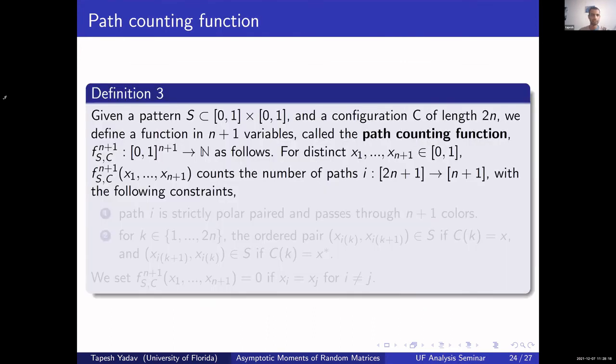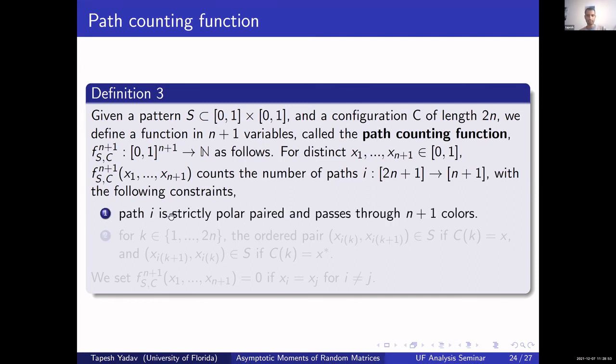Okay, so the path counting function, that's what we had in the definition in the main theorem. Given a pattern S inside the unit square and a configuration C of length 2n, we define a function in n+1 variables called the path counting function. For distinct x1 up to xn+1 points in the unit interval, F_{S,C}(x1, ..., xn+1) counts the number of paths I from 2n+1 to n+1 with the following constraints.